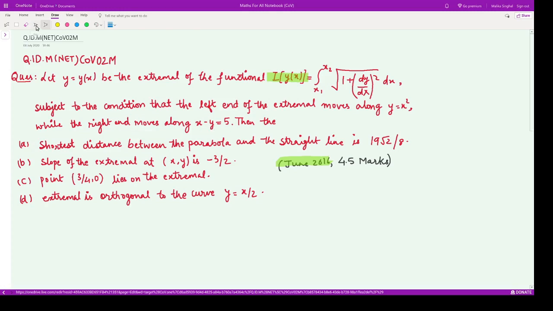Right? So let us see what is given to us. This is our coordinate axis, x-axis and y-axis. Say this is 5 and this is −5. So a straight line passes through these 2 points.